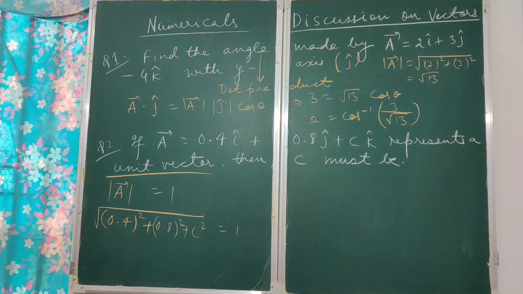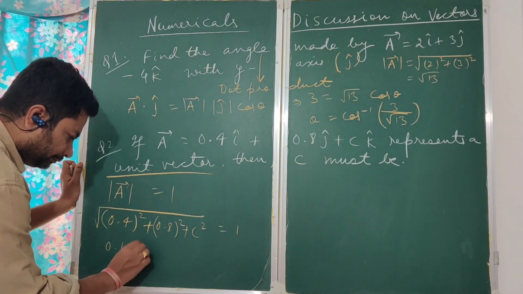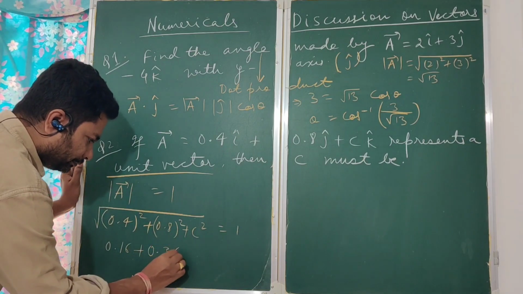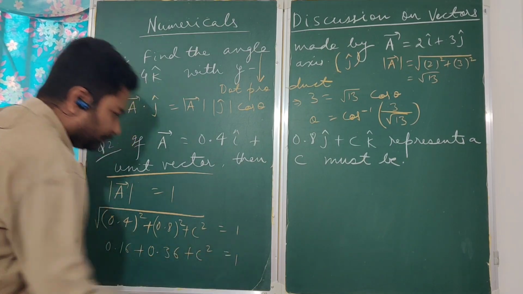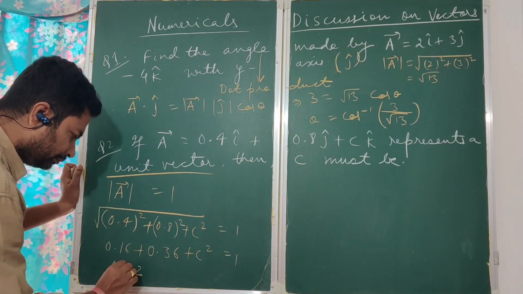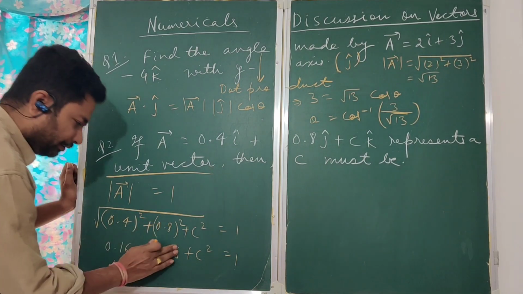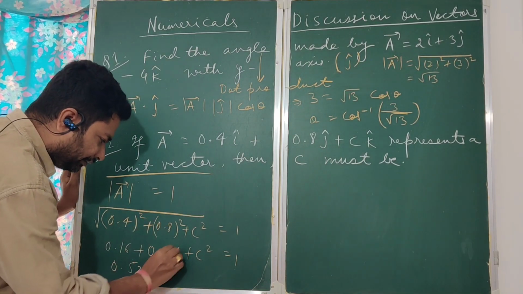So now you can square both the sides. So what will you get? So how much is this? Sorry, this is 8, no? So this will be 64.